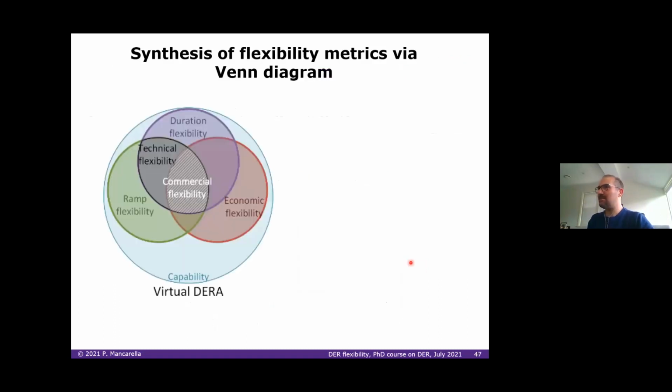All of these characteristics somehow can be summarized by a so-called Venn diagram, where if I don't consider network constraints, so if I only look at virtual aggregation, eventually, if I look at the different envelopes that I can have in terms of ramp, economics, duration, all that, I end up with so-called commercial flexibility here.